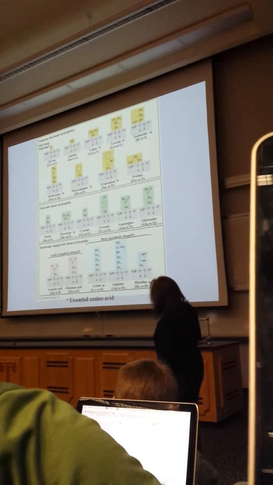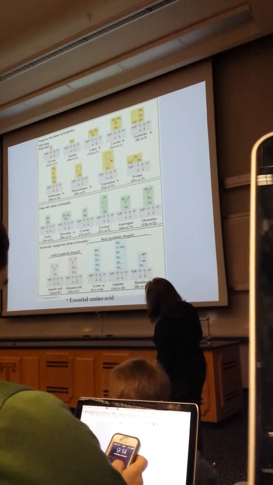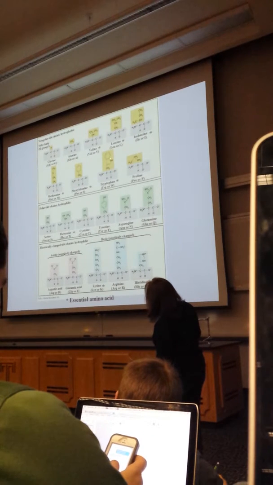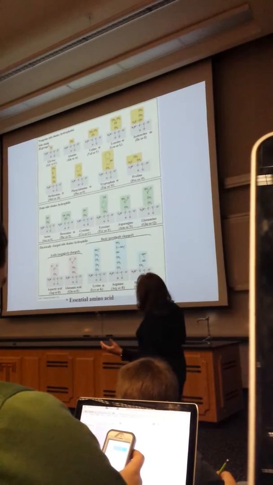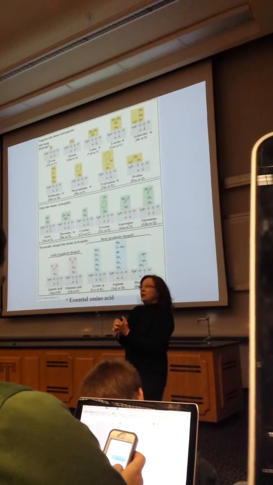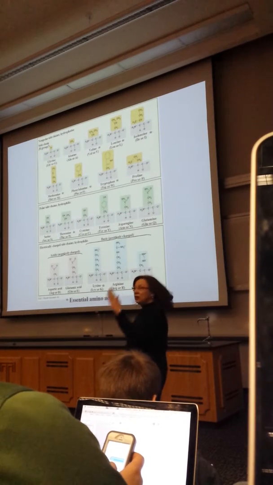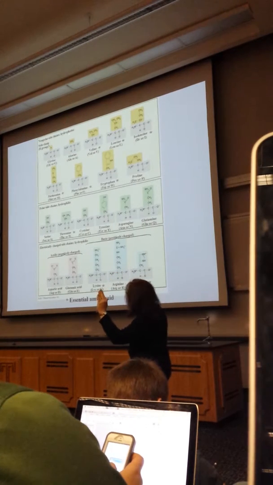Tryptophan is interesting. Because you have a nitrogen with a hydrogen, this could form a hydrogen bond. Oftentimes, tryptophan will be the amino acid that functions as a boundary between an aqueous and a hydrophobic environment.